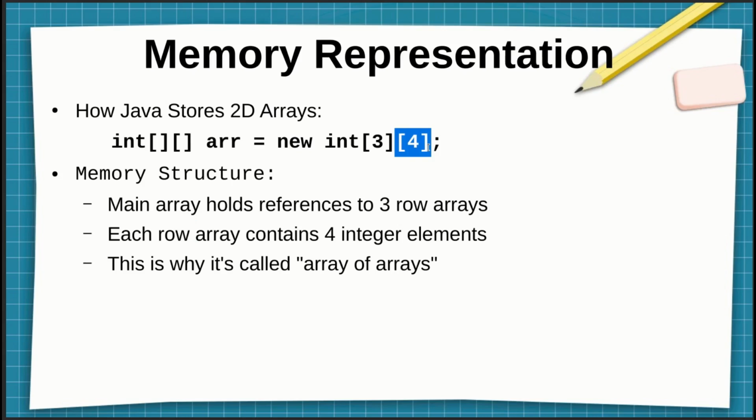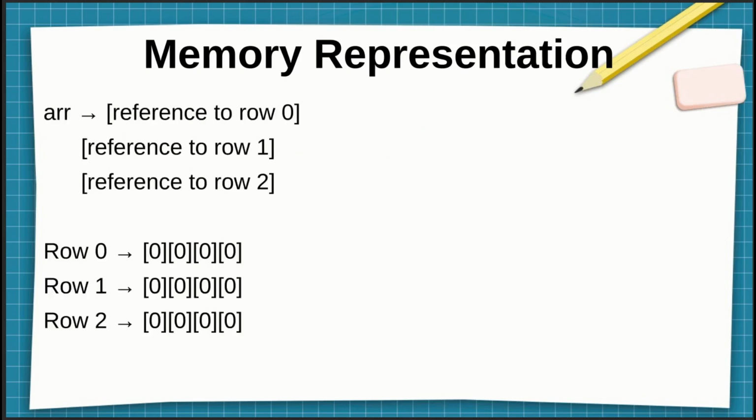For each row within our array, we expect to have 4 columns. Row number 1 will have 4 columns, row number 2 will have 4 columns, and row number 3 will also have 4 columns. That's why we use the term array of arrays.